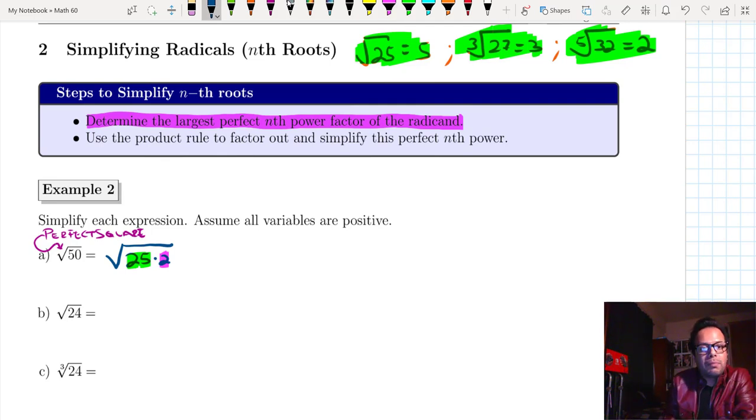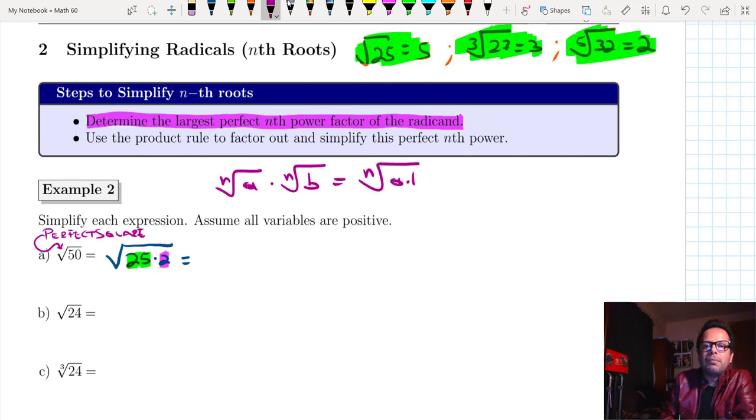We are going to do the backwards property. Let me recall the property. The property says the nth root of a times the nth root of b equals the nth root of a times b. On the previous pages, we were looking at this property this way. Now we're going to do it backwards.